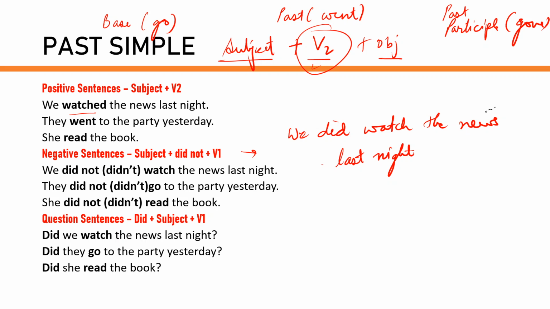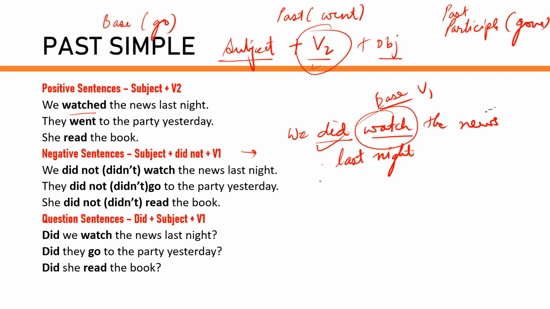The difference is that we added a did. Yes, did is the past form of do. We added a helping verb, we added an auxiliary verb, and because this is the second form of verb, with this we can easily identify that the sentence is in past simple tense. So we don't need the verb to be again in past simple. So we just use the base form of the verb, that is the first form.